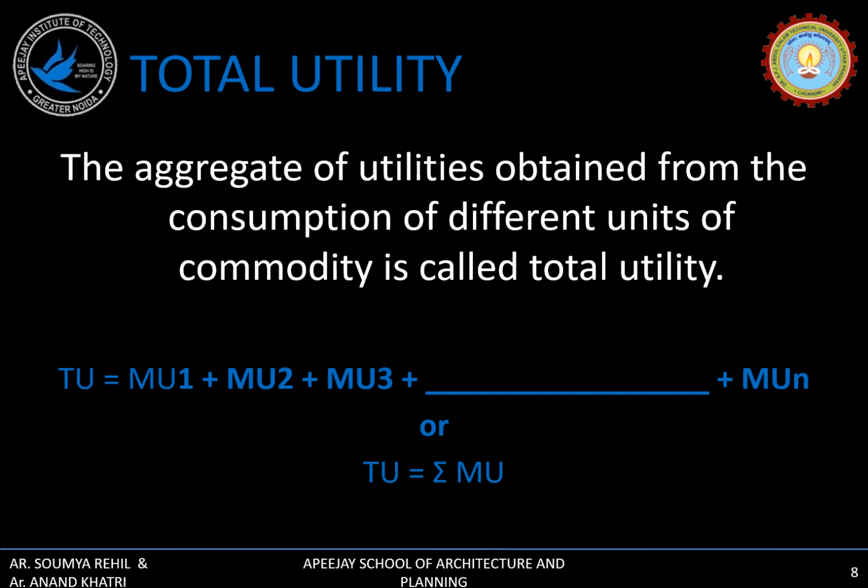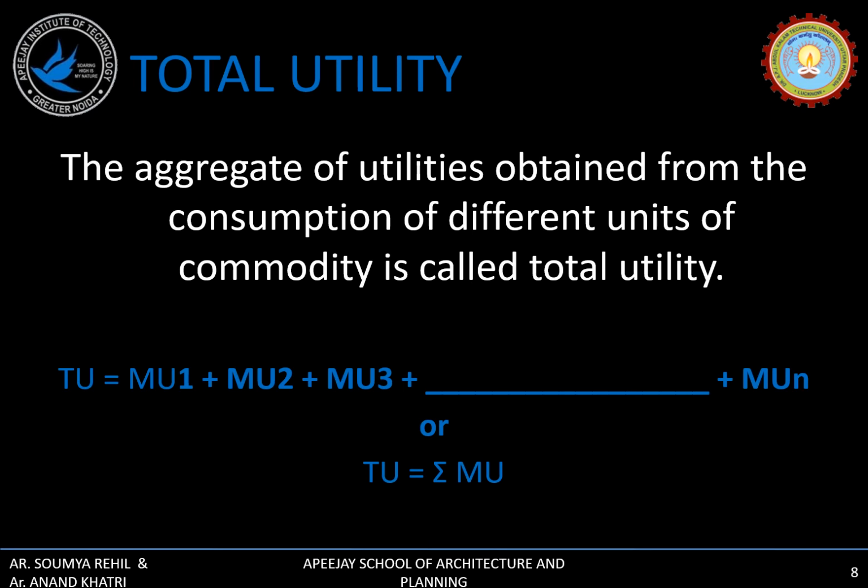Total utility. The aggregate of utilities obtained from the consumption of different units of a commodity is called total utility. Looking at an example, we were looking at mangoes.